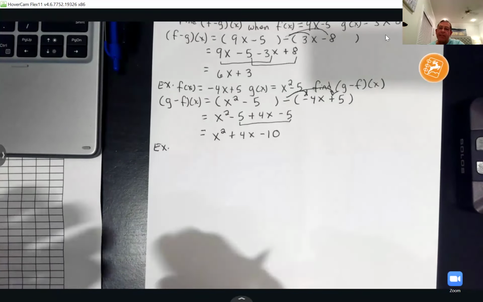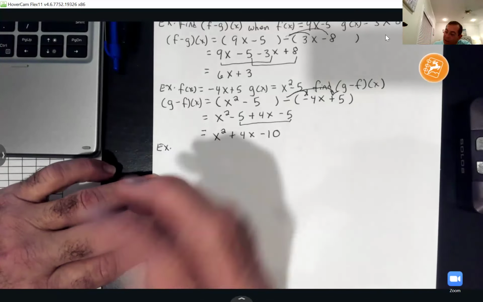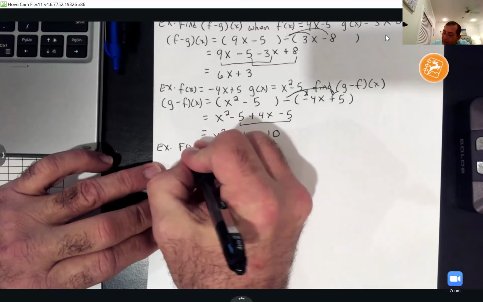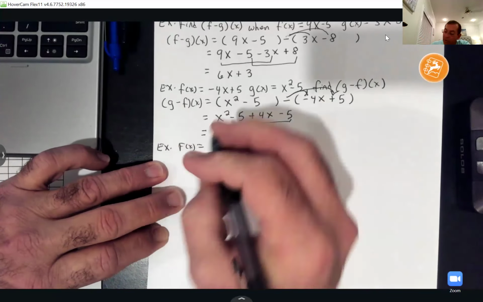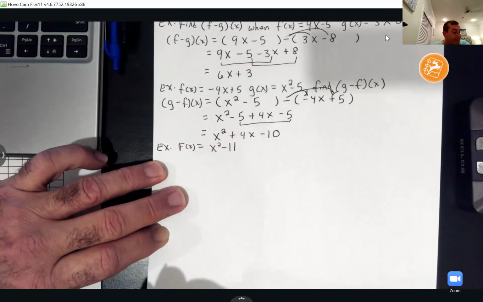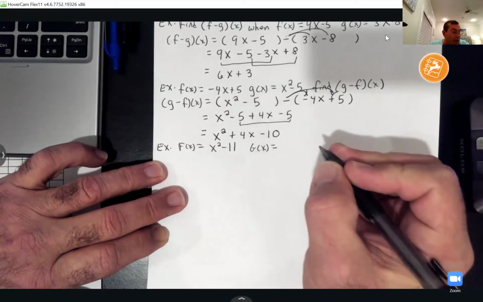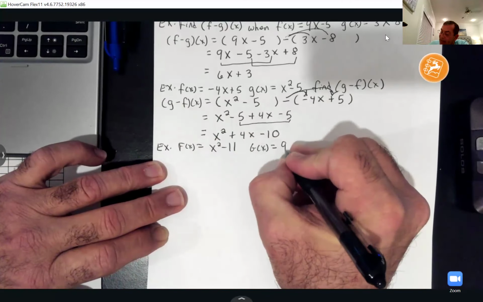So a couple more of these, and then we'll get into doing a few domain questions, okay? So on this one, f of x is going to equal x squared minus 11. G of x is going to equal 9 minus x.